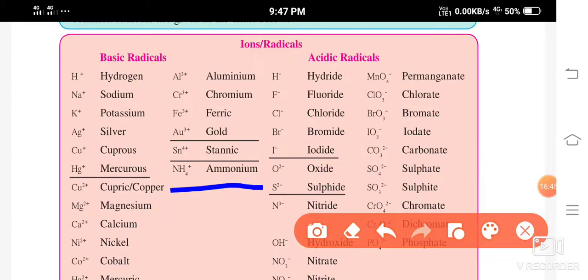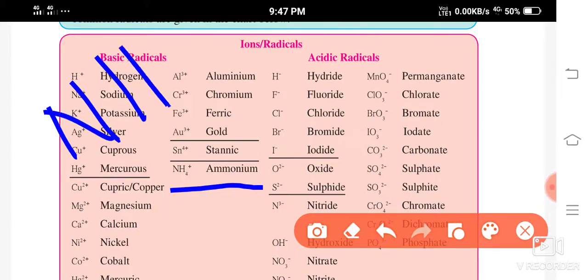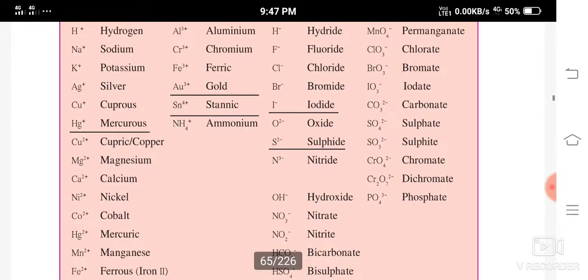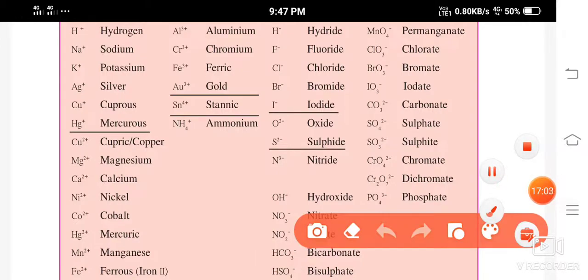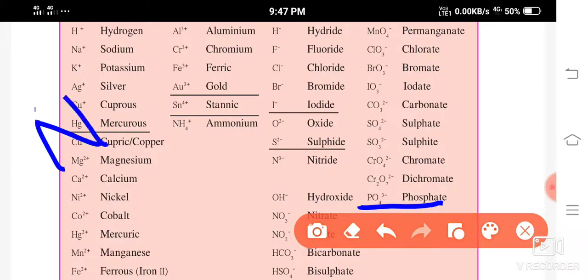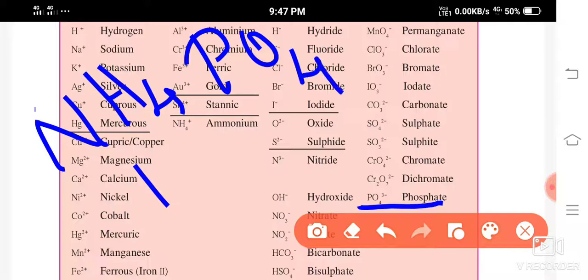NH4 is 1, and phosphate, that is PO4, is 3.